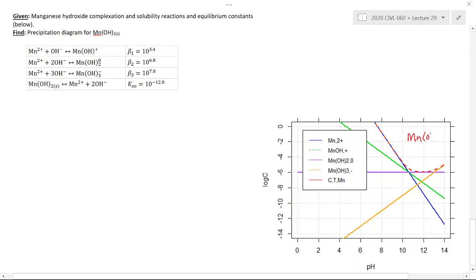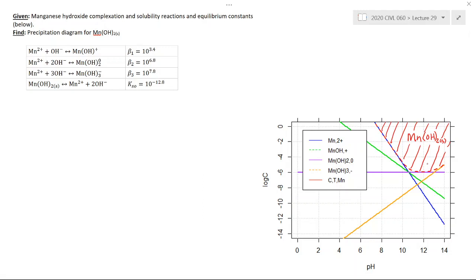The manganese hydroxide will form within this envelope, defined right here. And outside of the envelope, manganese hydroxide solid will not form.